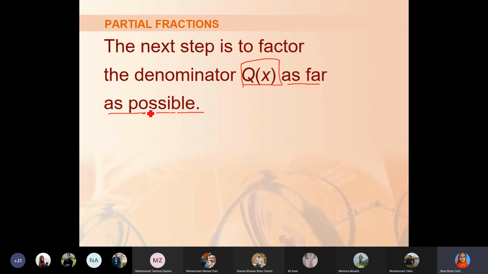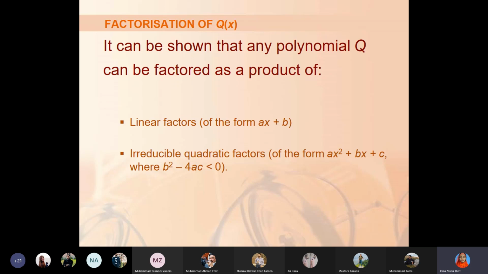All of the methods you have learned in your previous classes. It can be shown that any polynomial q can be factored as a product of linear factors, where a and b are constants, and irreducible quadratic factors. So I have to factorize the polynomial q in the denominator of the rational function into linear and irreducible quadratic factors.